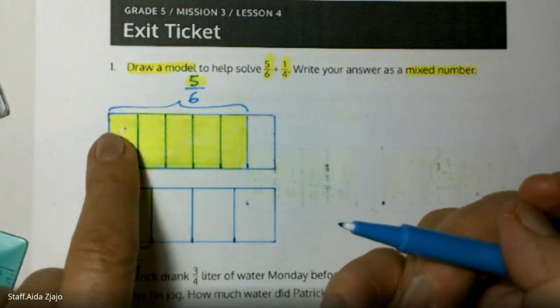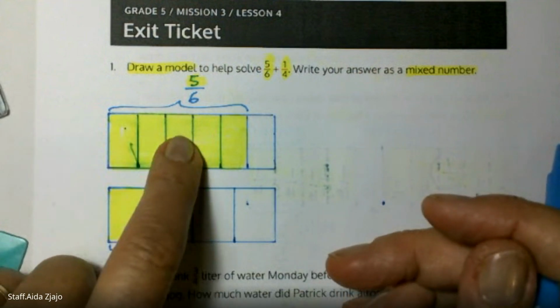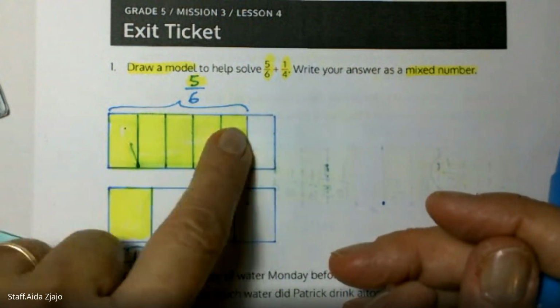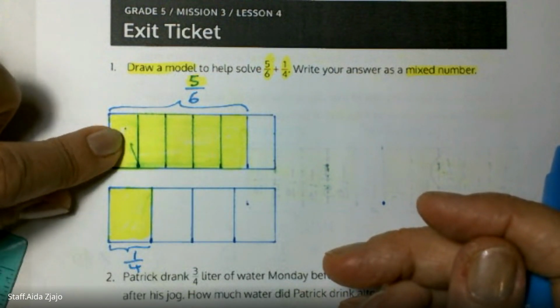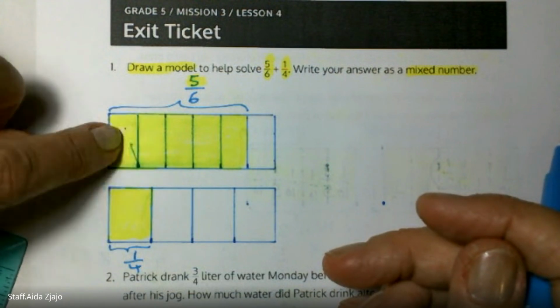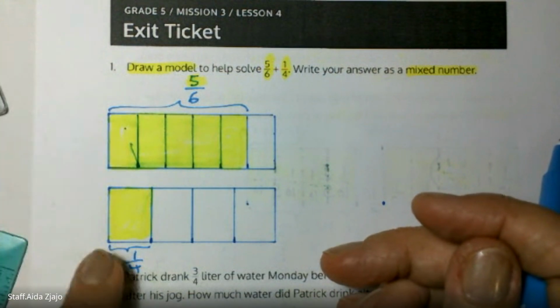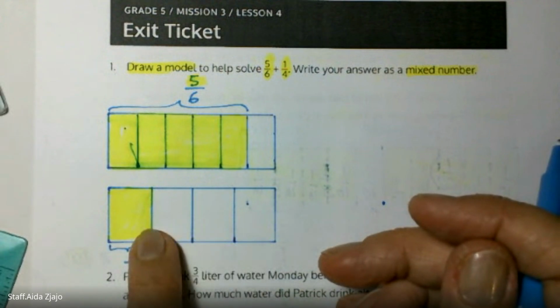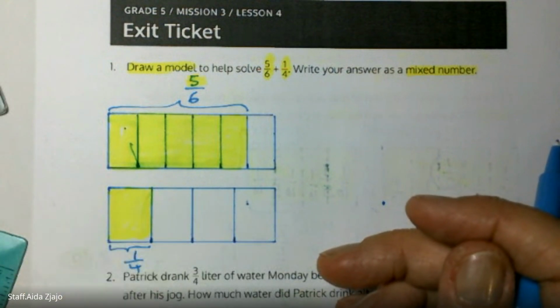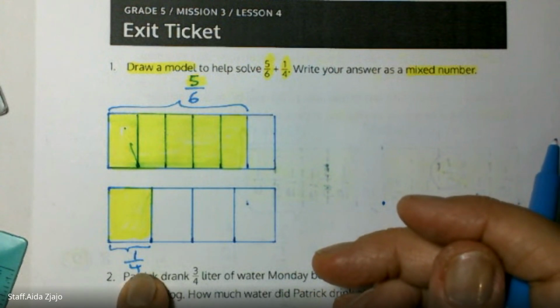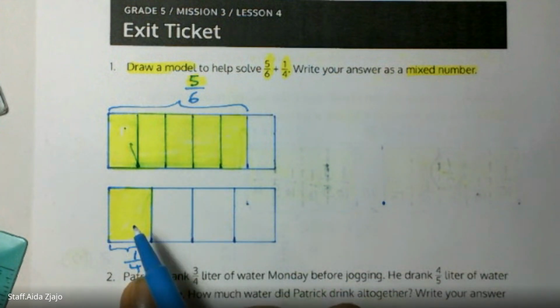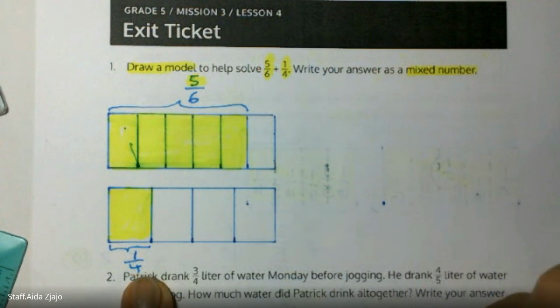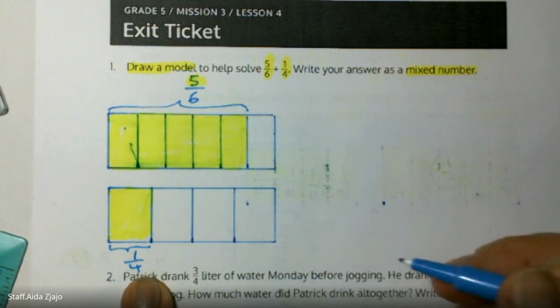Here you're sharing with 6 people, 1, 2, 3, 4, 5, 6. It's the same size whole, but one piece you share with 6 people is much smaller than if you share chocolate with 4 kids. The piece will be bigger. So the smaller the denominator, the bigger the portion of a fraction, because you are sharing with fewer people.